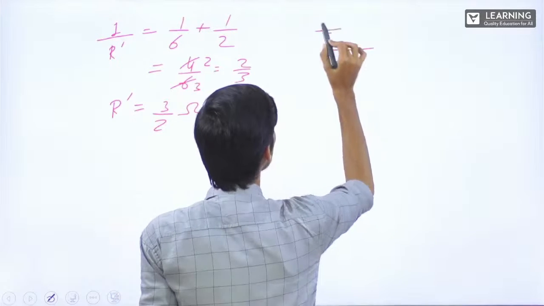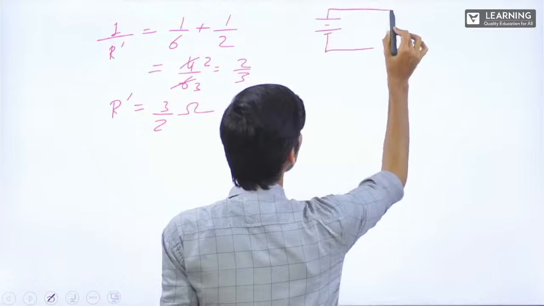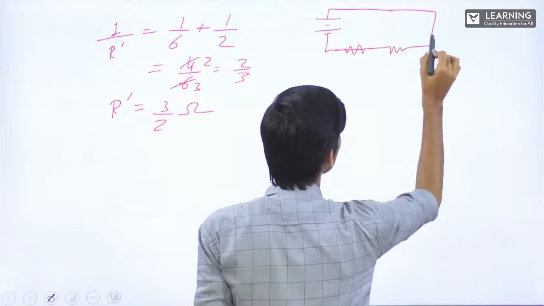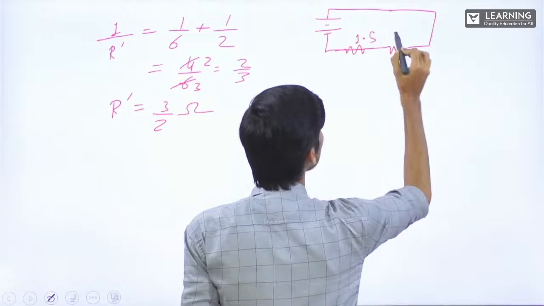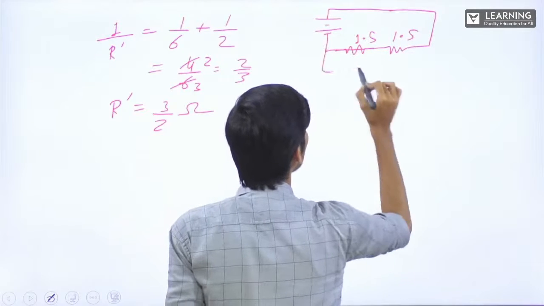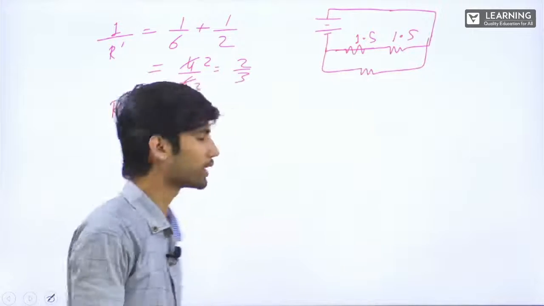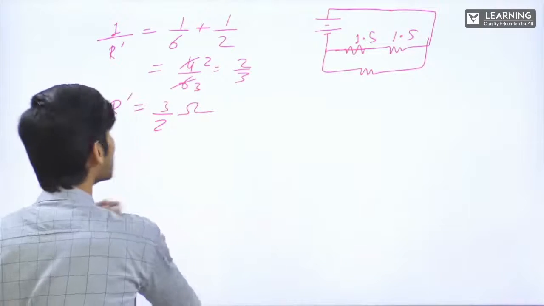a battery is connected like this. There is one resistance here, there is one more resistance here, this is 1.5, this is also 1.5, and one more resistance here. These 2 I can join, 1.5 and 1.5, and this will become 3.